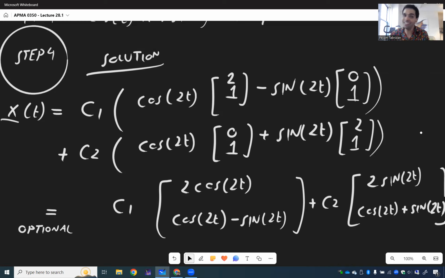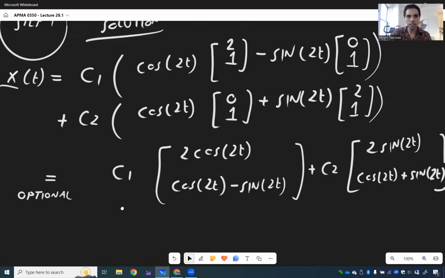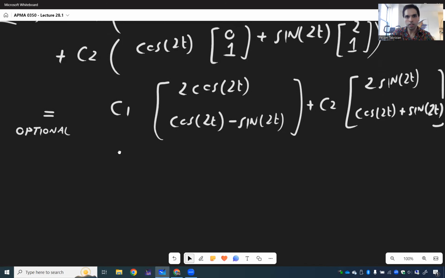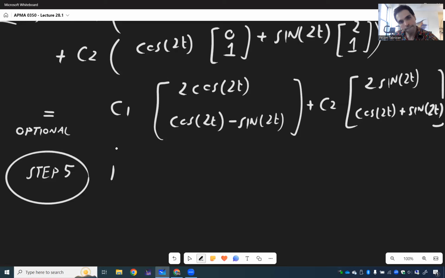Unfortunately, we're not quite done. We still need to draw the phase portrait. Step 5. Phase portrait.